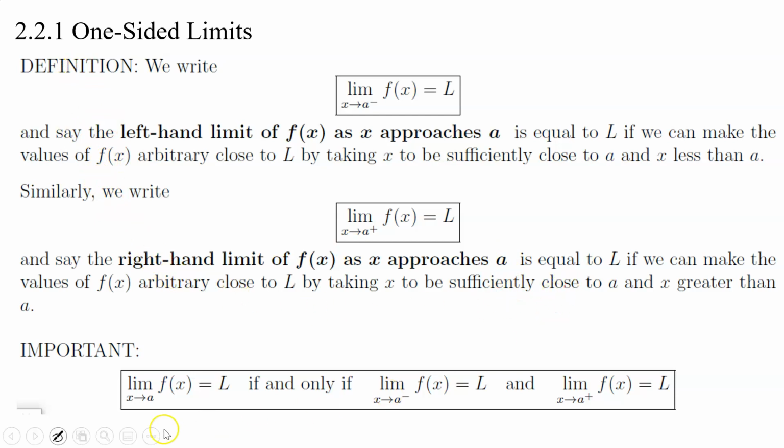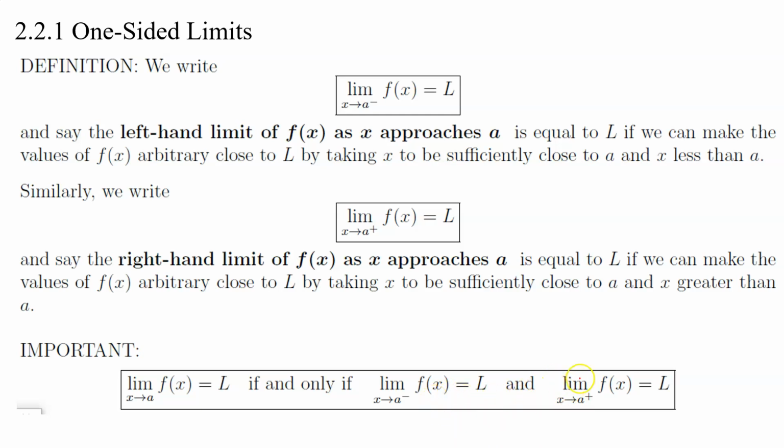Okay. Then what is important over here, you can see that the limit of f(x) equals L as x approaches a if and only if this one, actually this is what we have touched before. It's more about the existence of the limit, whether the limit exists or not.